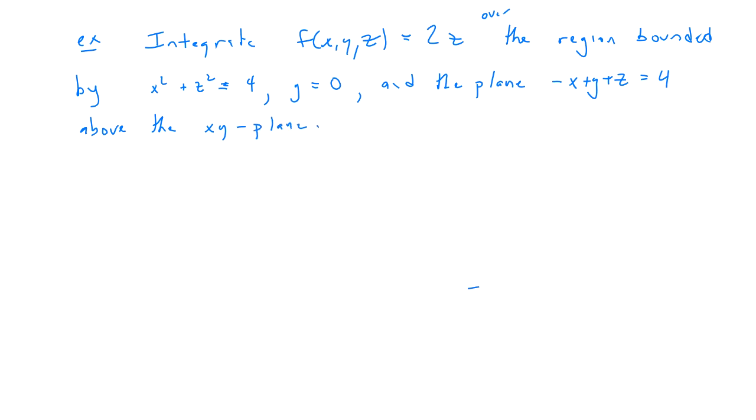Okay, so here again, let's integrate something over the region bounded by a cylinder, the xy plane, and then the xz plane, and this plane here. So I attempt to draw it. So we have the top half of the cylinder.